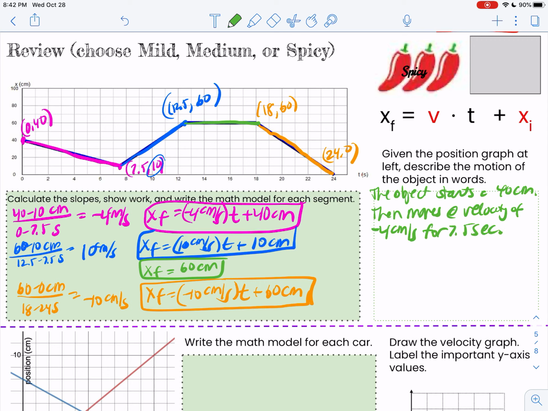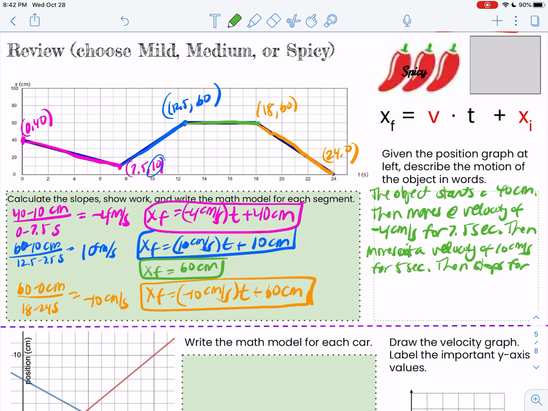Okay, just mainly because I don't want to write negative direction because I don't have enough space. Okay, then moves at a velocity of 10 centimeters per second for 5 seconds.